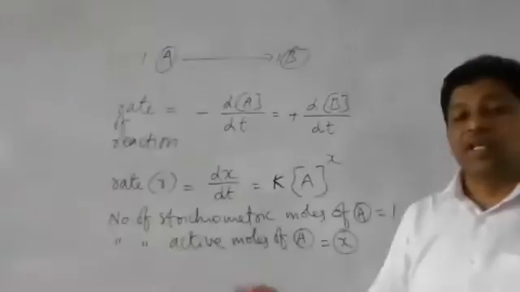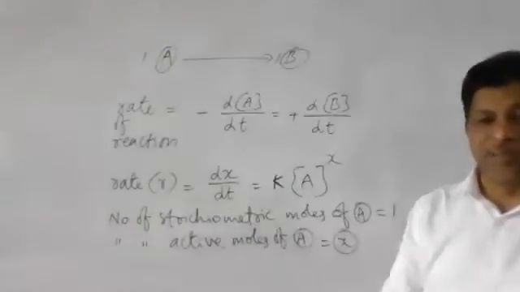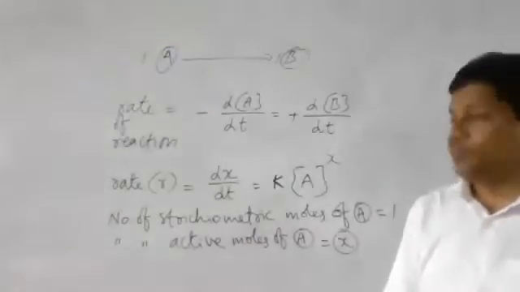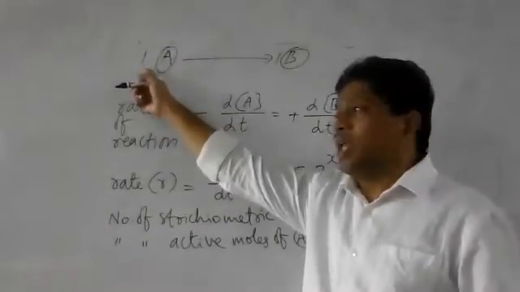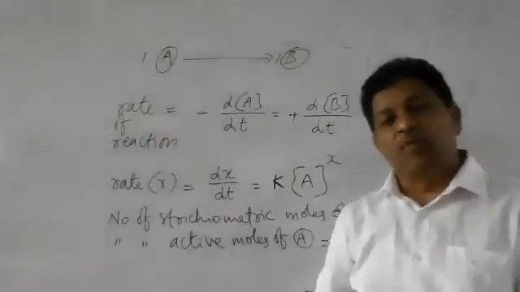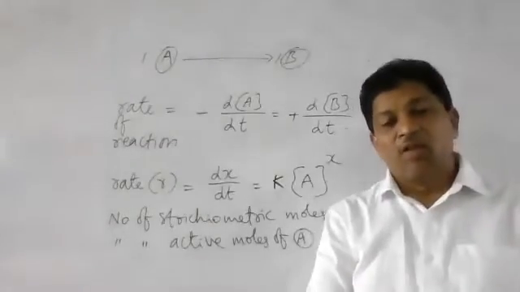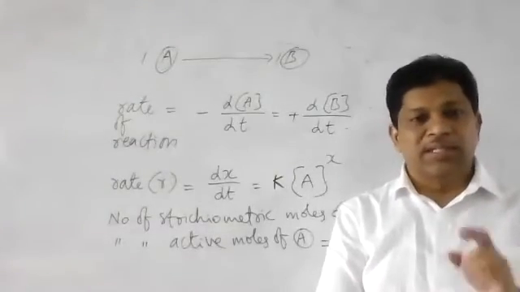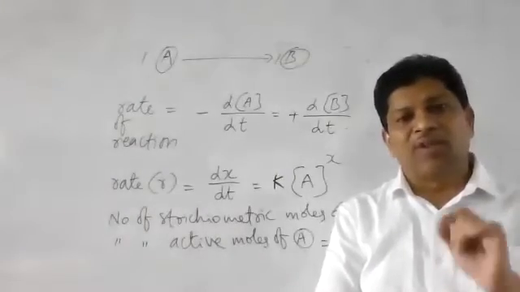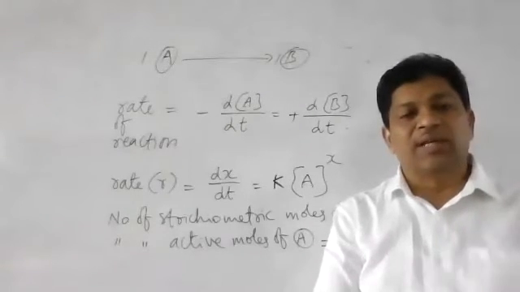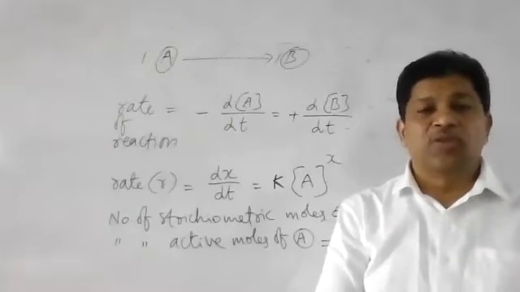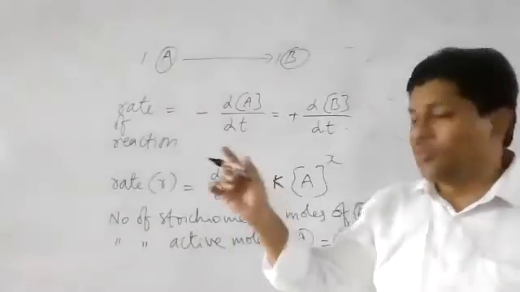But if you see the balanced equation, 1 mole of reacting species is there, which indicates molecularity 1. By looking at the balanced equation, theoretically, directly, we can say the molecularity. So what is the molecularity of this reaction now?